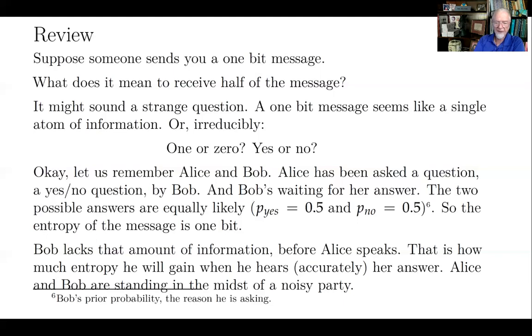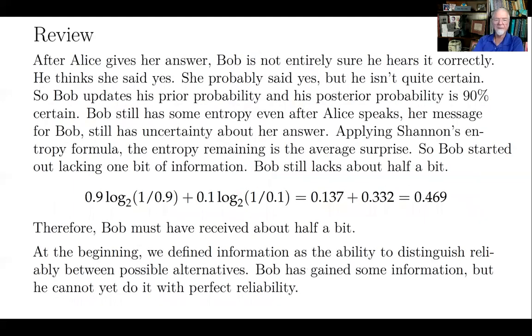However, Alice and Bob are standing in the midst of a noisy party. So this is going to be a problem. After Alice gives her answer, Bob is not entirely sure he hears it correctly. He thinks she said yes, probably said yes, but he isn't quite certain.